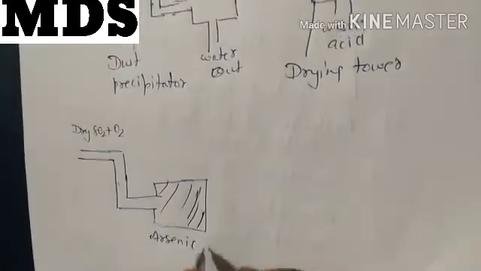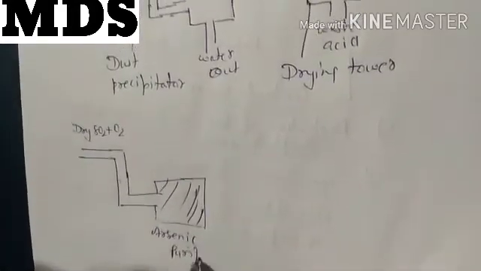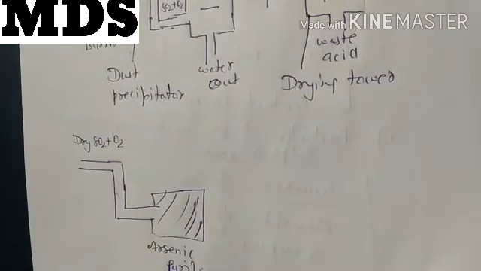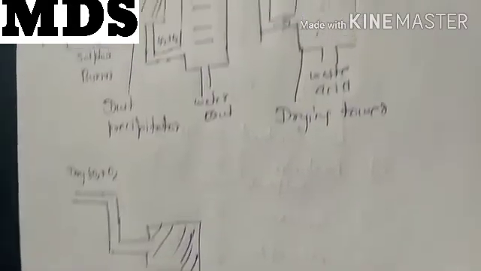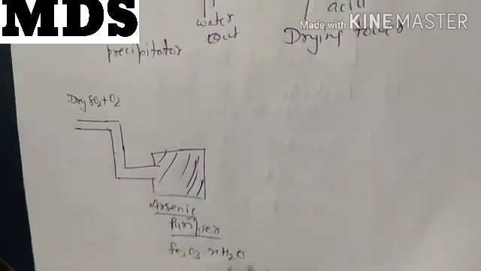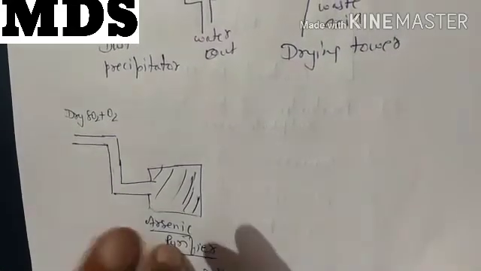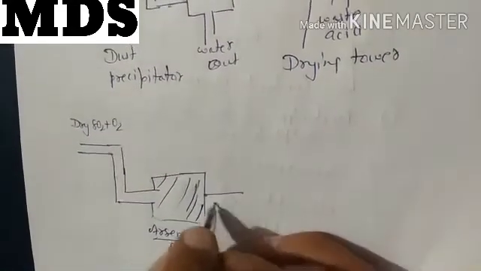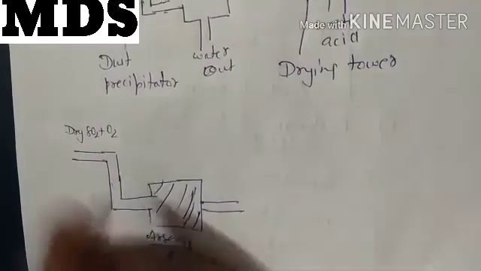So that's why this chamber is known as the arsenic purifier. It contains hydrated ferric oxide, which has good absorption power for arsenic. Okay, so arsenic gets separated over here.